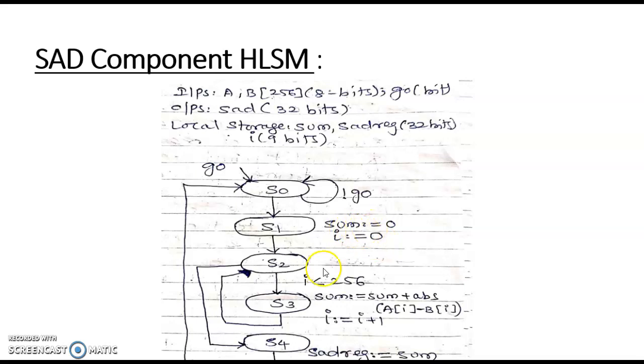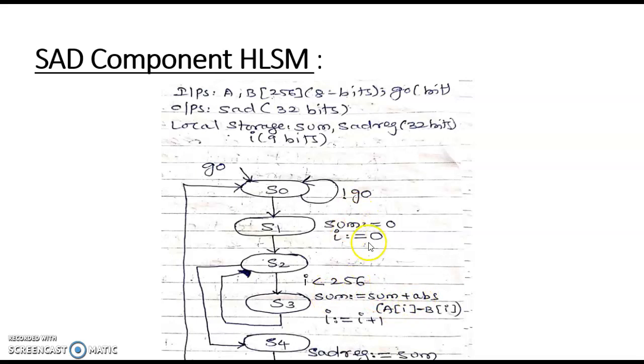And sum is equal to sum plus absolute of A[i] minus B[i]. We are calculating a difference, taking the absolute value, and adding it to sum. At the start sum will be 0. You start with the first byte, calculate this, and it becomes 0 plus this difference, which is stored in sum.